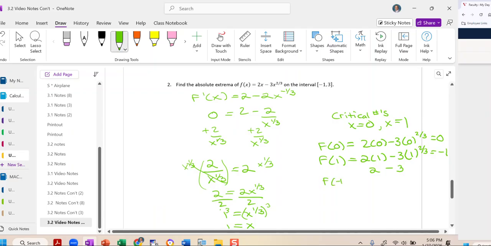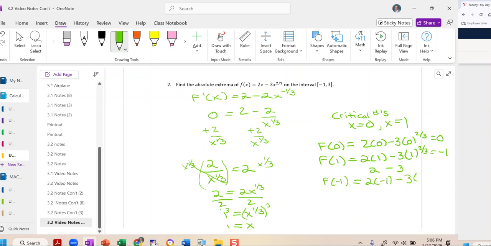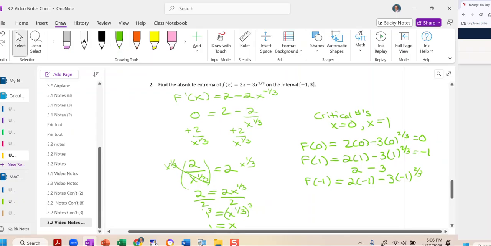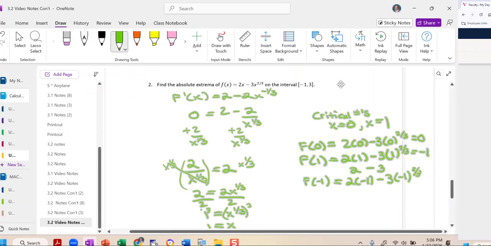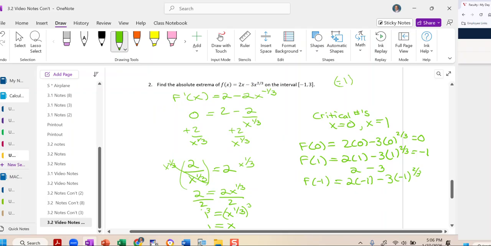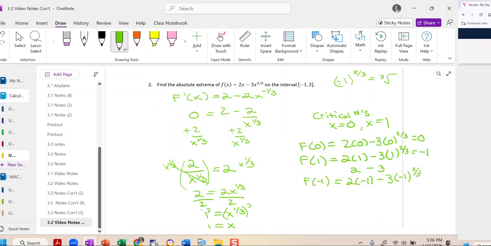When we put in -1, we get 2 times -1 minus 3 times (-1) to the 2/3. Now remember, (-1) to the 2/3 is the same as the cube root of (-1) squared. So basically it's the cube root of 1, which is 1. So it's -2 minus 3, which is -5.